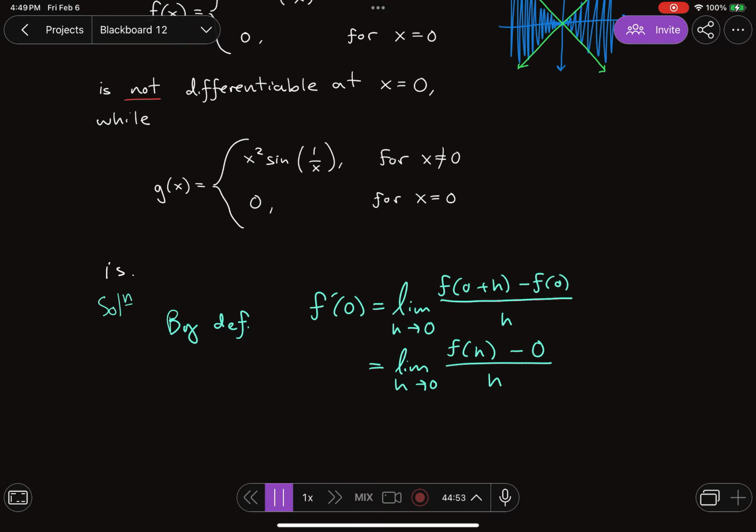This is equal to the limit as h approaches 0 of h times the sine of 1 over h divided by h, and hopefully we are seeing the issue here. This is equal to the limit as h approaches 0 of the sine of 1 over h, and this limit horribly does not exist.